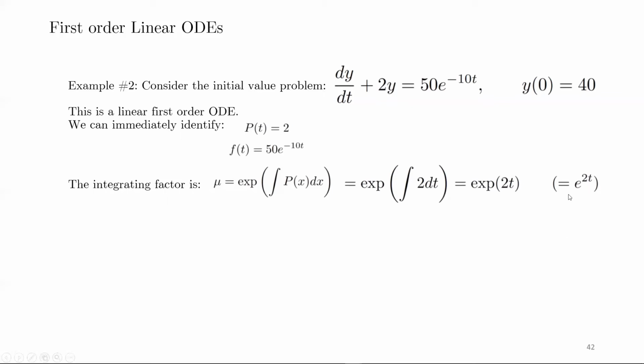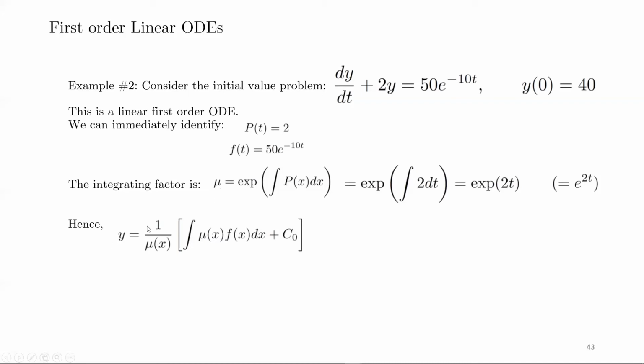These are equivalent expressions. I just wanted to point that out. Sometimes I use both ways of writing this in the same slides, so I hope that doesn't perturb you at all. But anyway, we have this expression for the integrating factor now. Mu is equal to the exponential of 2t.